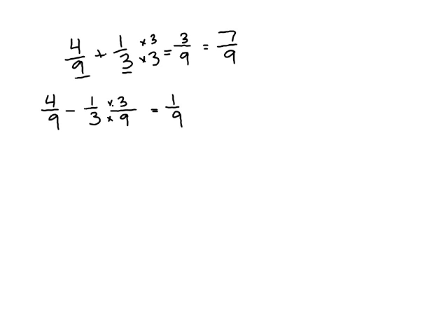So this fraction you have to have a common denominator too. To add and subtract fractions, I have to have a common denominator because I want to be working with the same size of a piece. Does that make sense? So if I have a circle divided up into pieces, and I'm trying to figure out how many I have total, I want to be working with the same size piece.